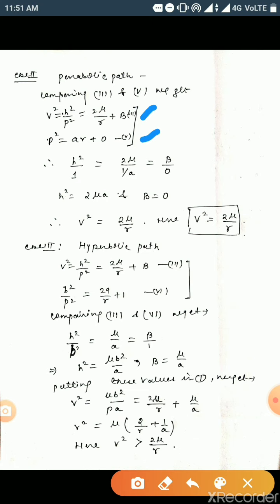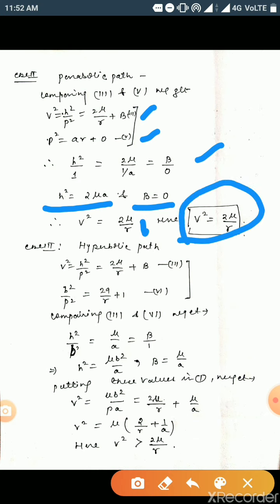From this we get h square equals 2 mu a and b equals 0, and therefore v square equals 2 mu by r. Since there is no plus or minus term with mu, we have v square equals 2 mu by r in case of the parabola.